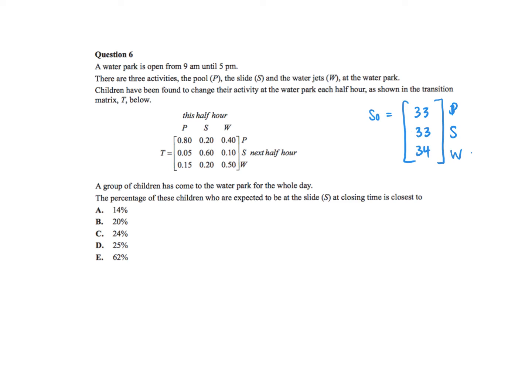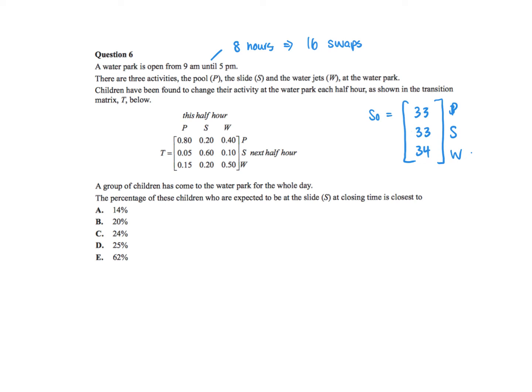Now, if the park's open from 9 to 5, that's actually 8 hours, but they say they swap every half hour. So I'm going to say there's 16 swaps, because every 30 minutes there's a swap.